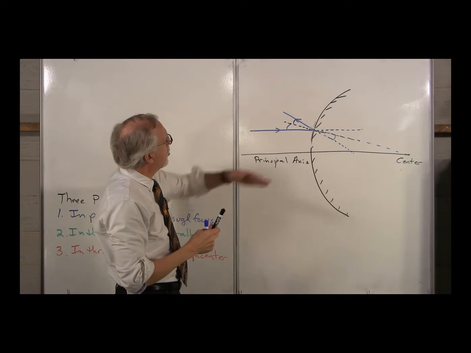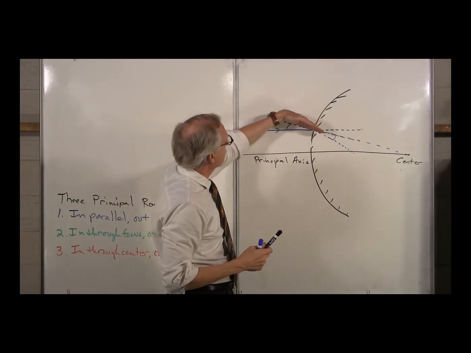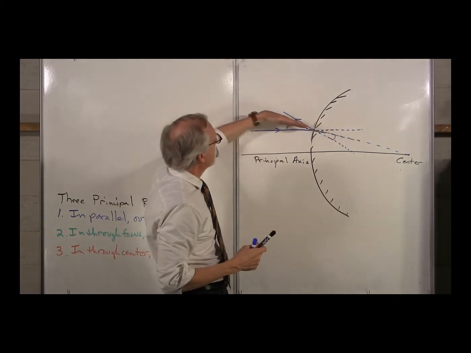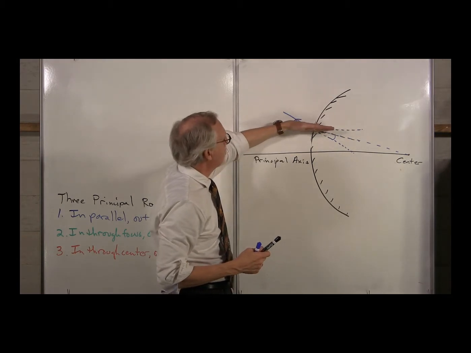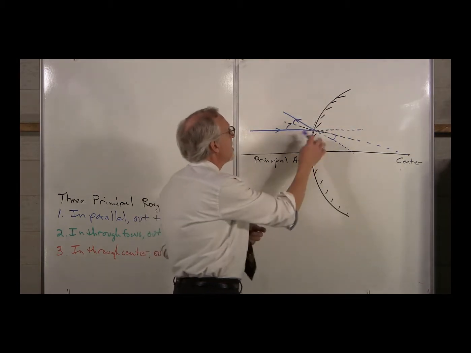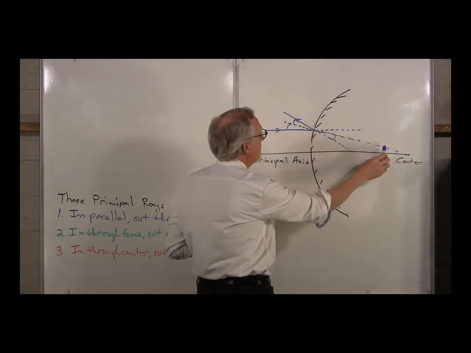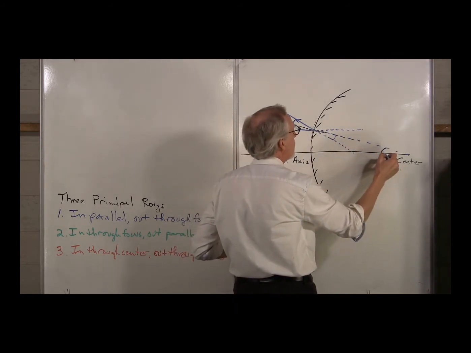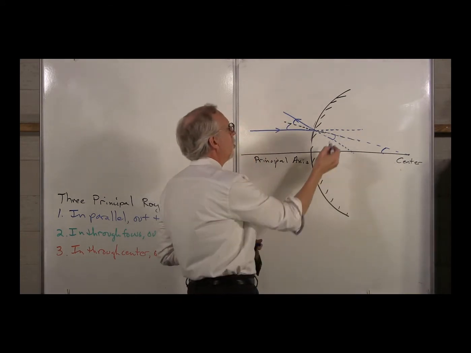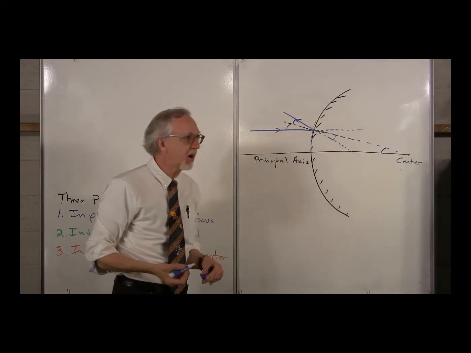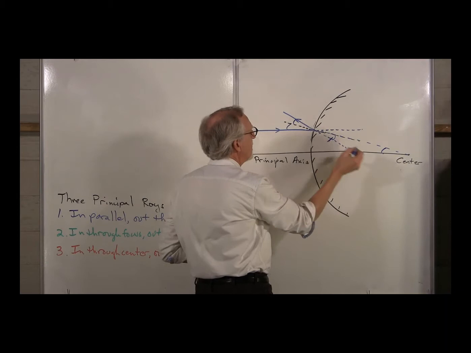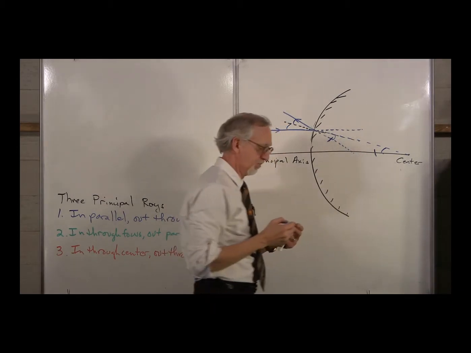We also know that this ray, the normal line, which is crossing these two parallel rays, this angle must be the same as this angle. So again, we know those angles must be the same. Once again, we have an isosceles triangle, so that this length must be the same as that length.